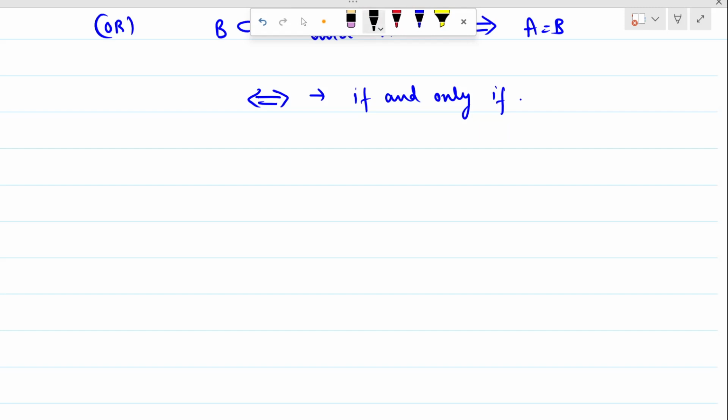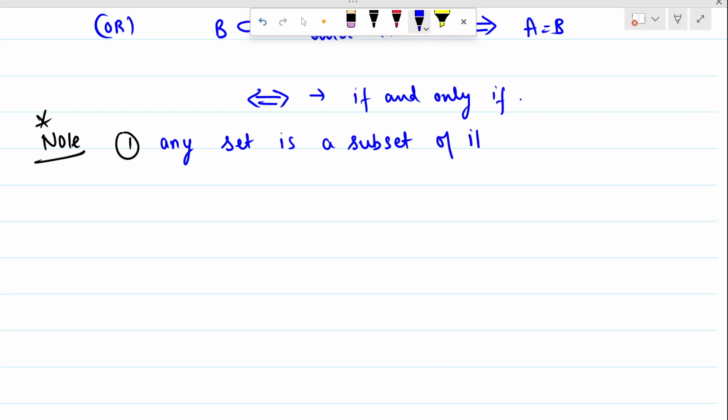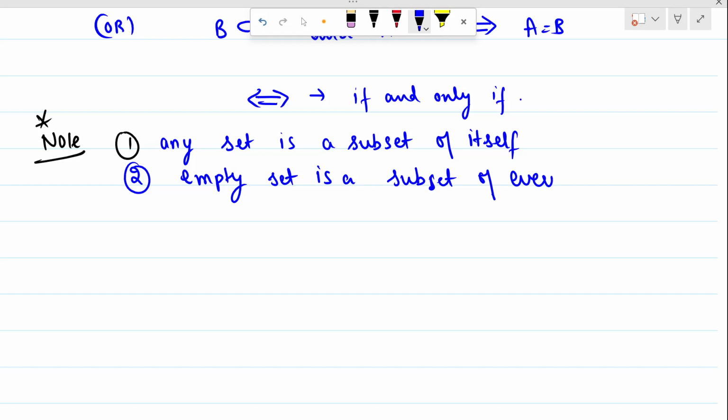So we have some special notes. Any set is a subset of itself. An empty set is a subset of every set. So what does this mean?